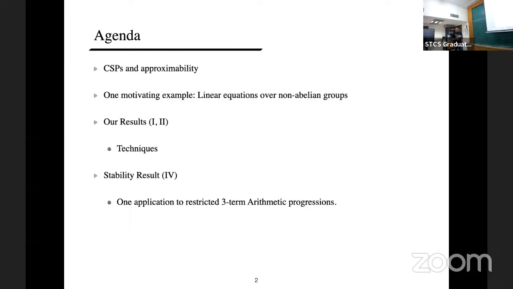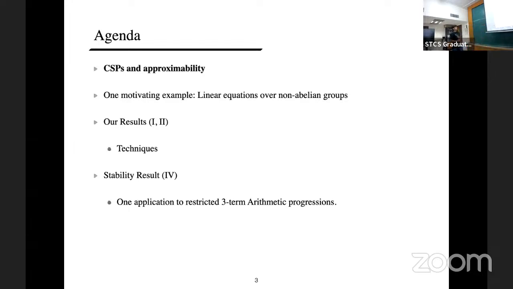I won't define a few things, but just give the high-level idea of how to prove the results that I'll be mentioning. Towards the end of the talk, I'll mention one stability result, which is a standalone result, and that I'll state formally. So if you don't understand some terms from these techniques, you should be able to understand the statement of this result. And then I'll give one application of this result, which is an application to additive combinatorics.